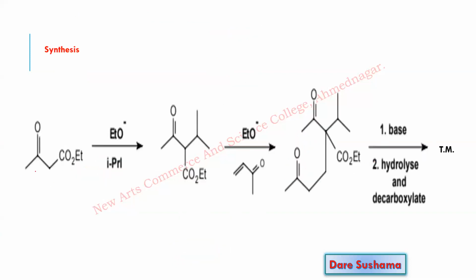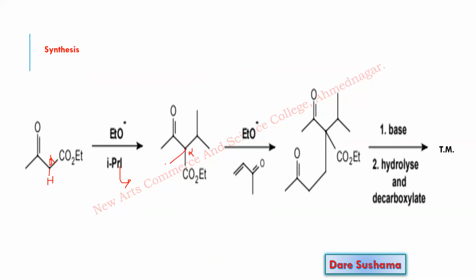Now the synthesis. This is ethyl acetoacetate, treat it with ethoxide. So this hydrogen, that is the alpha proton, is abstracted by the base and then attacks the isopropyl group, departing the leaving group. So you can insert the isopropyl group at the alpha position.